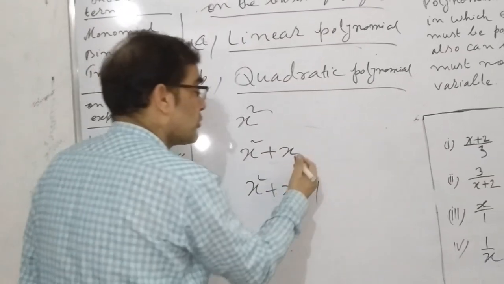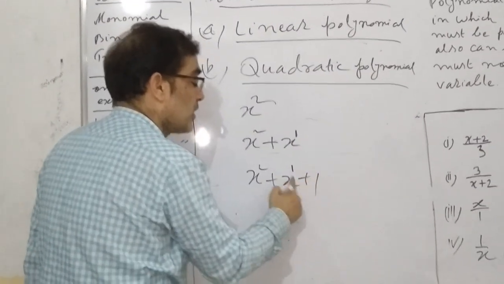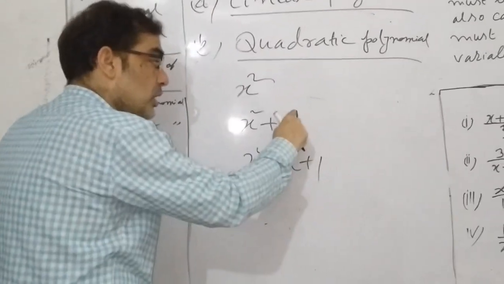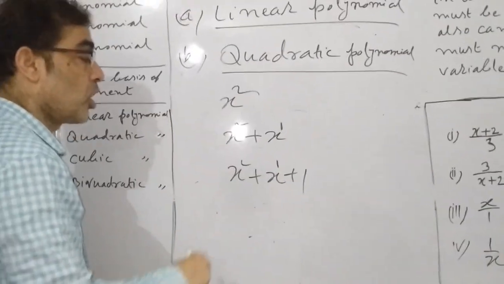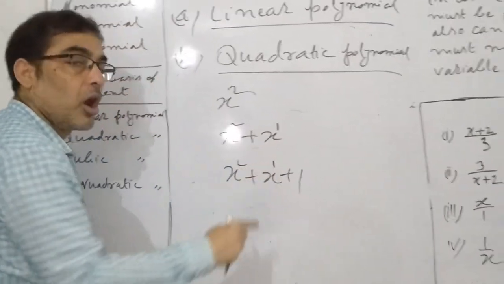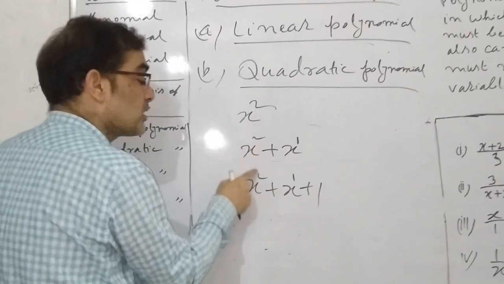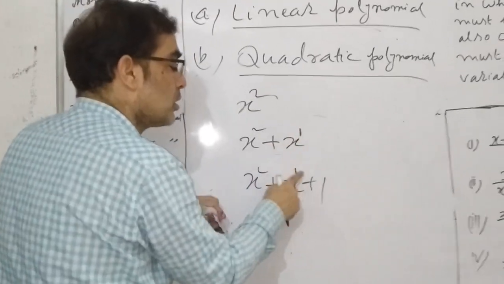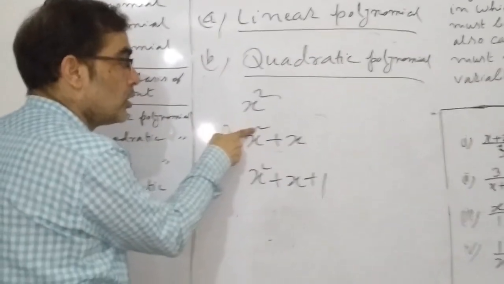And also you will see the power of x is 1 also. But this power 1 will not be counted because the smaller power is not counted. Only the biggest power is counted. So you have to ignore this power and only count power 2.